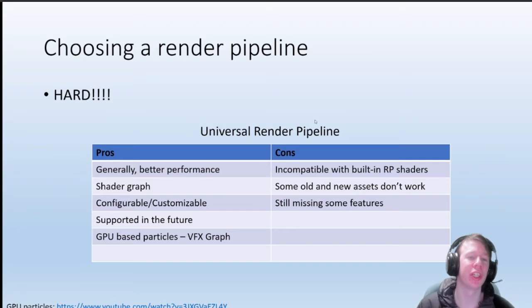The real downside of using the universal render pipeline is a lot of assets aren't built for it. Like if you use Unity's XR interaction toolkit, I believe all their samples actually still use the old render pipeline, so you have to click the upgrade button. A lot of the assets on the Unity asset store are still using built-in render pipeline, and there's still some features that are missing.